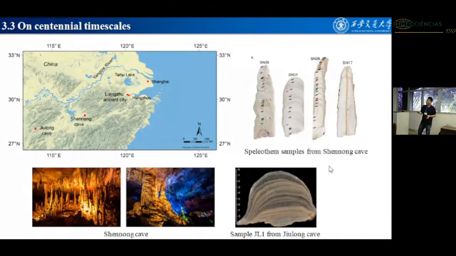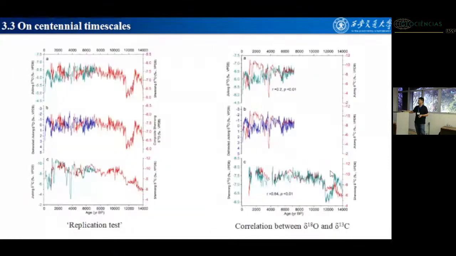We use stalagmites from Shenlong Cave and Jiulong Cave. These two caves are about 300 kilometers from the Liangzhu culture. And these are the two cave oxygen isotope records. Yeah, they satisfy the replication test.